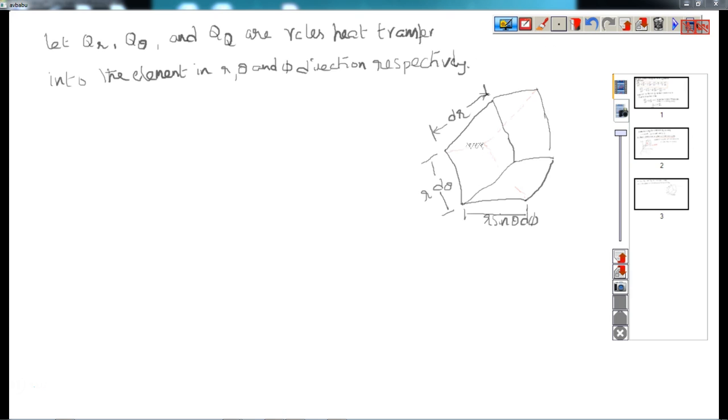Okay, am I correct? Now in the direction of dr, this is the direction it is going. Therefore, I can say it's entering in this way.